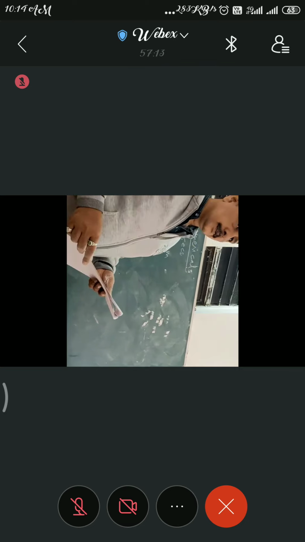Calculate the wavelength of light used. Now see the given problem.